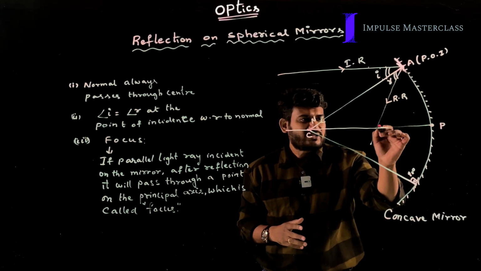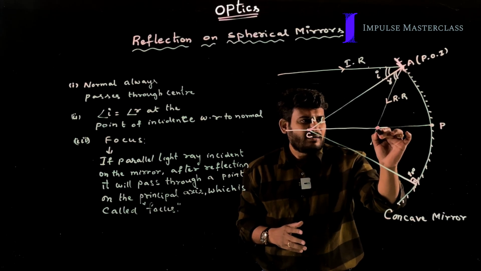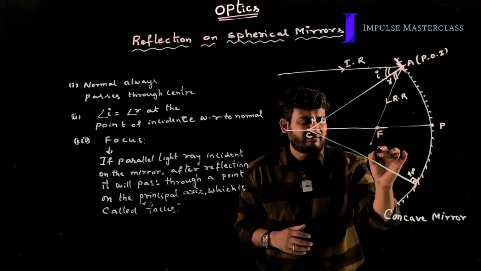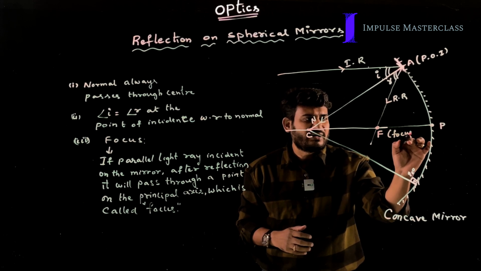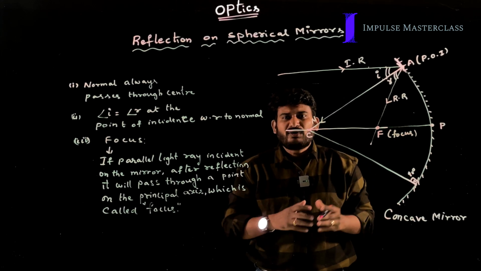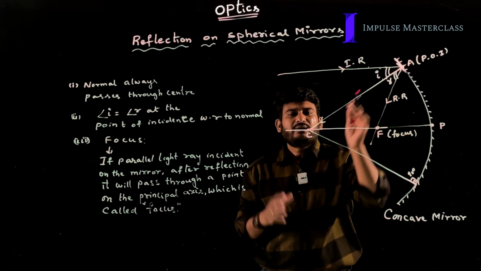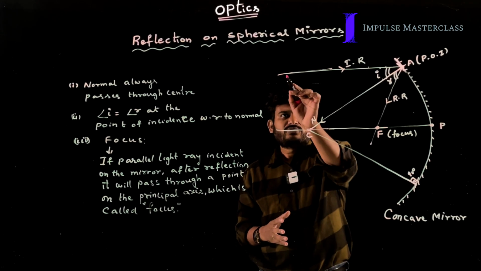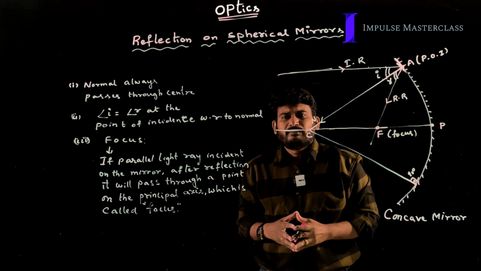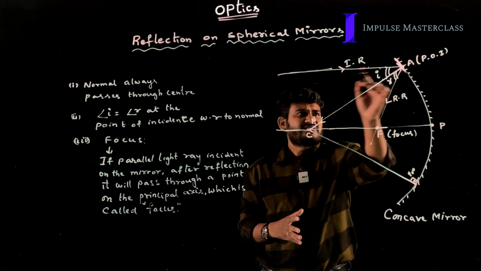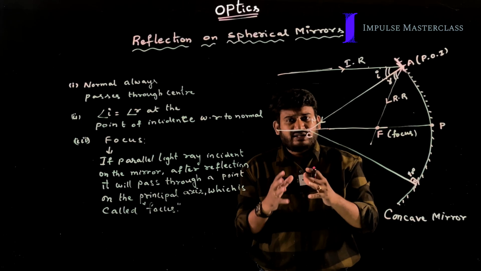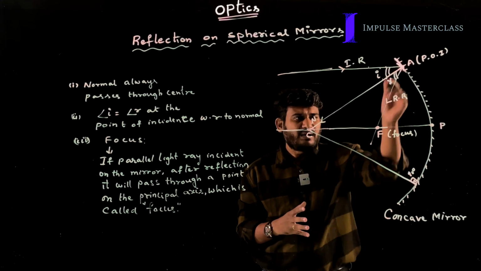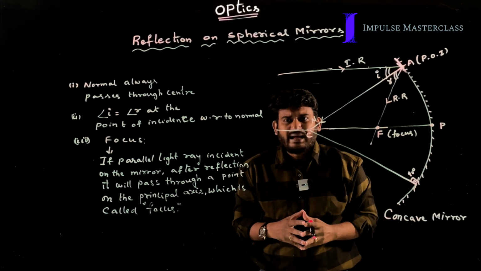Here, after reflection, where it intersects the principal axis, that point on the principal axis is represented as F, which is called the focus. So students, focus is nothing but this: a paraxial ray, I already told you, which is parallel to the principal axis, when it is incident on the spherical mirror, whether concave or convex, after reflection it will pass through a certain point on the principal axis.